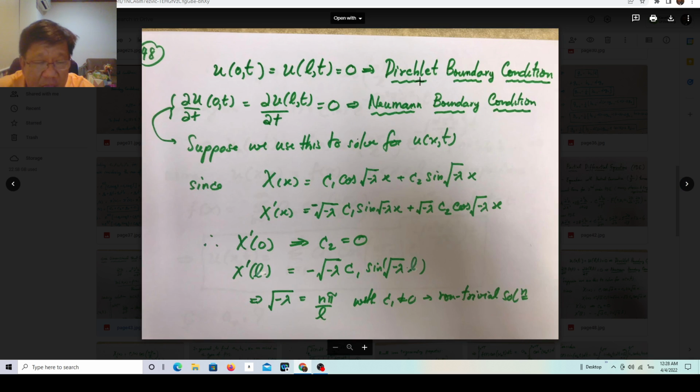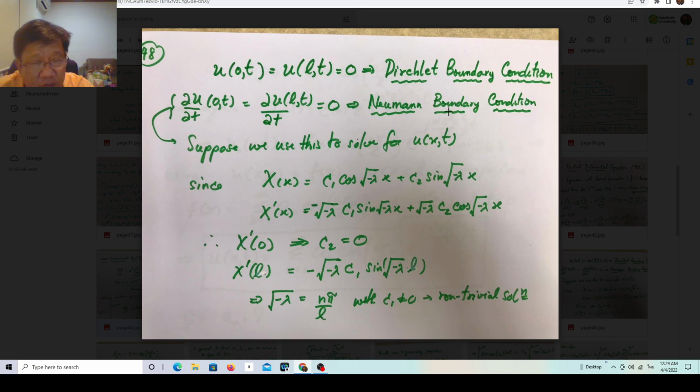But there is a different type of boundary condition we call the Neumann boundary condition. Instead of using u of 0,t and u of L,t equal to 0, we use a first order condition: the partial derivative of u, the rate of change, at the lower limit of domain x and the upper limit of domain x. If both of these are equal to 0, we call this the Neumann boundary condition.